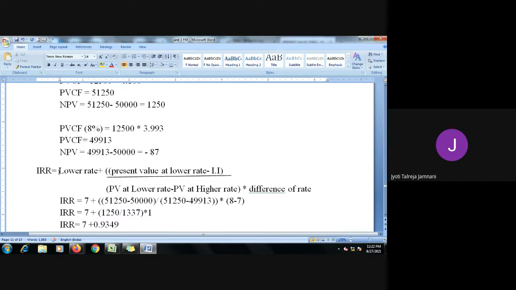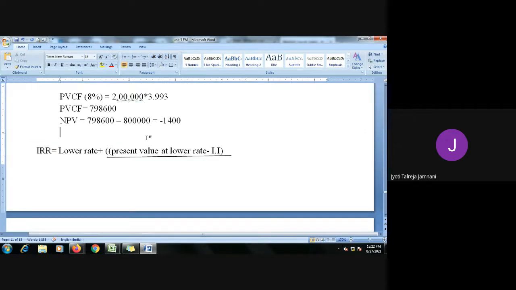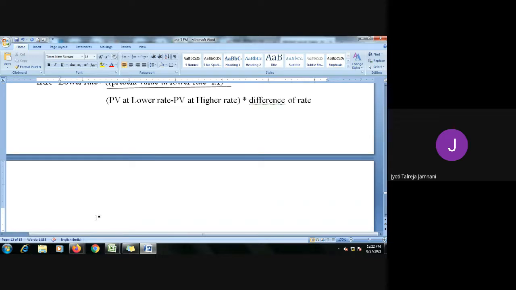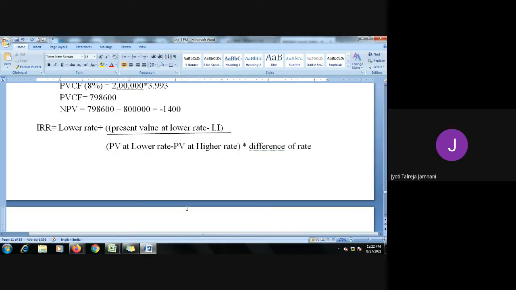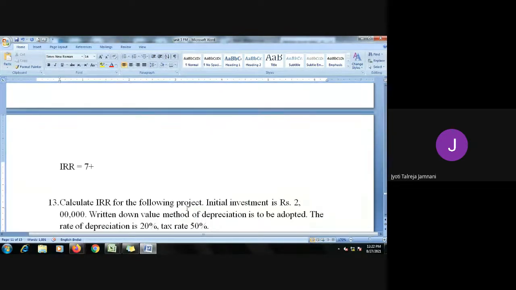So this is the formula for IRR. Let's solve it here below. IRR is equal to lower rate, which is 7%, plus present value at lower rate. So present value at 7% was 8,20,000 minus initial investment, which is 8 lakh.